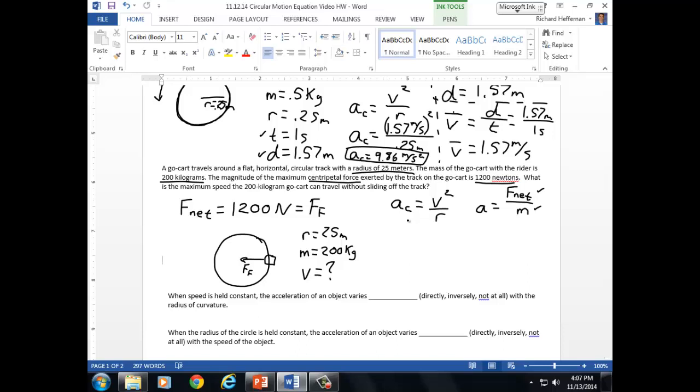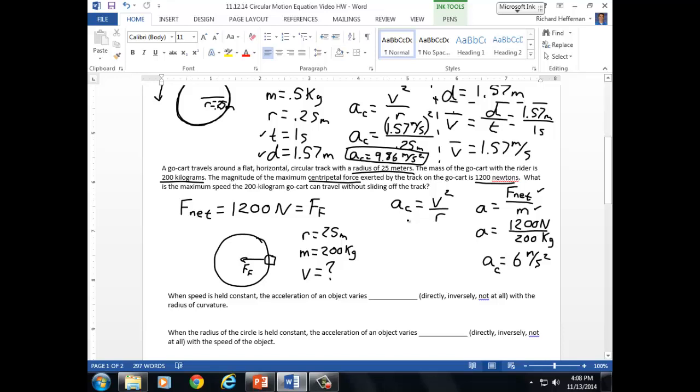So let's use this information to find 1200 newtons divided by the mass of 200 kilograms. 1200 divided by 200. I got an acceleration of 6 meters per second squared. And since the go-kart's traveling in a circle, this isn't just any acceleration, but the centripetal acceleration.